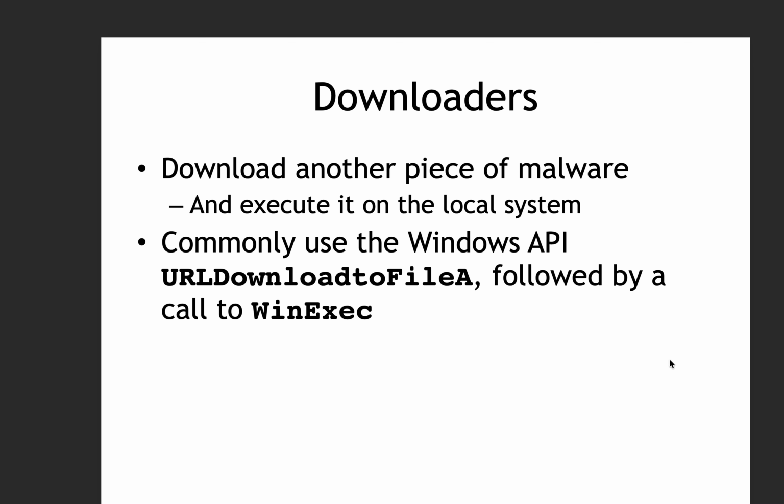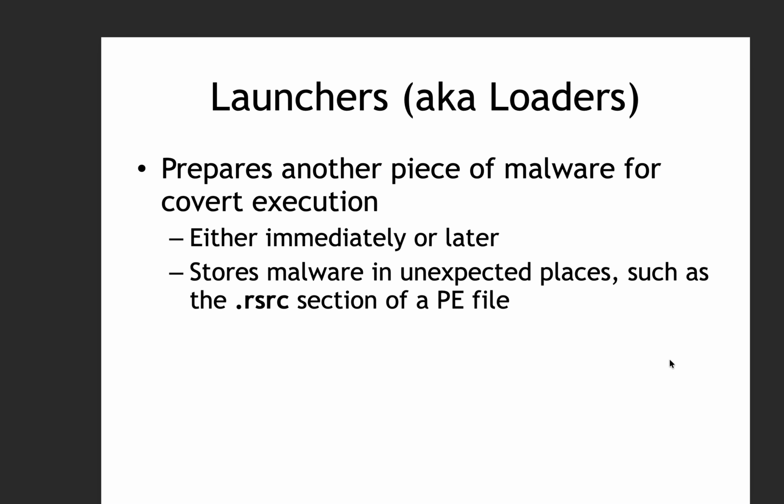So in other words, if you were to analyze your OS processes, you would look out for the keyword URLDownloadToFileA, and you would also look for the keyword WinExec. As I said before, it also does things like launching or loading pieces of malware. It can store malware in such things as a portable executable file, or PE file.